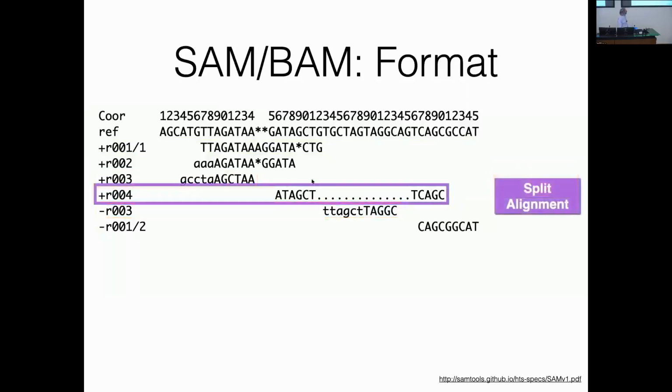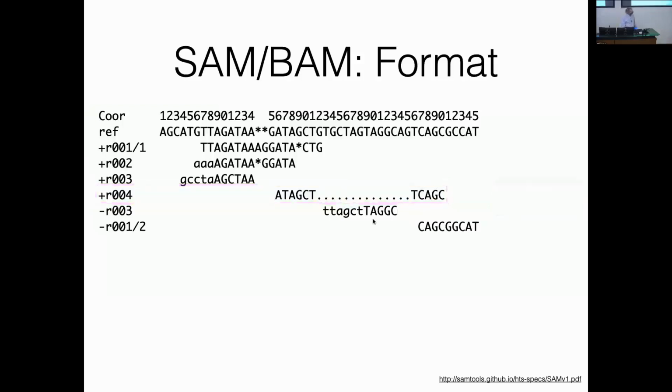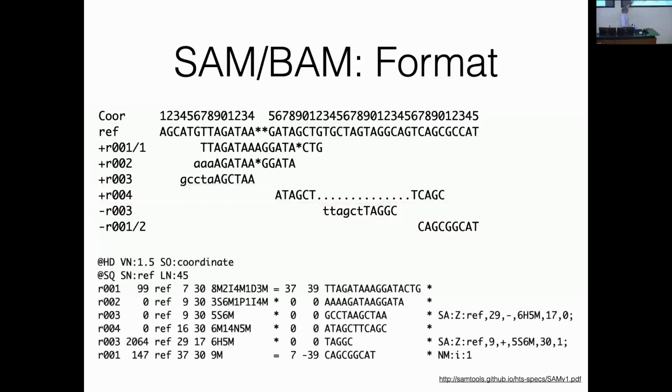Here, this is a split alignment. You can get this different ways. One way is if you have RNA-seq data and you're just mapping it directly to the genome, right? So that could be an exon right there. I'm sorry, an intron right there. And so all of that we can represent.